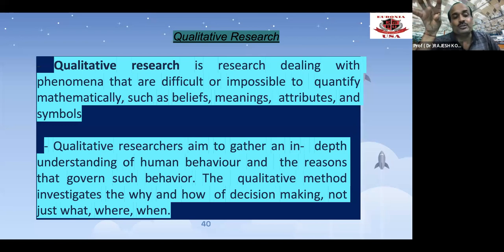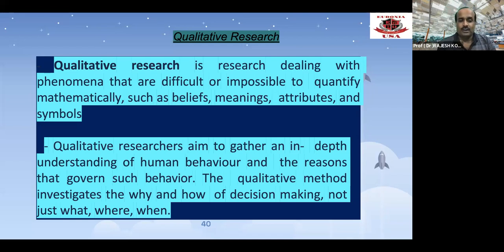Attributes and symbols. Qualitative researchers aim to gather an in-depth understanding of human behavior and the reasons that govern such behavior. Very, very important, because behavior is a very complex phenomenon. It has thoughts, cognitive, affective and psychomotor. These three combinations give rise to a behavior.